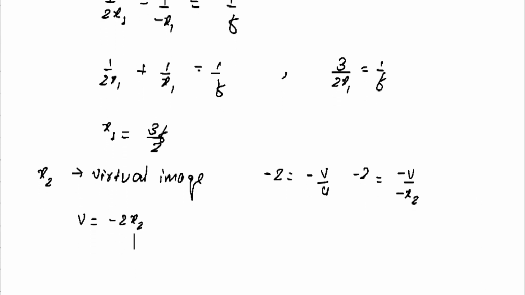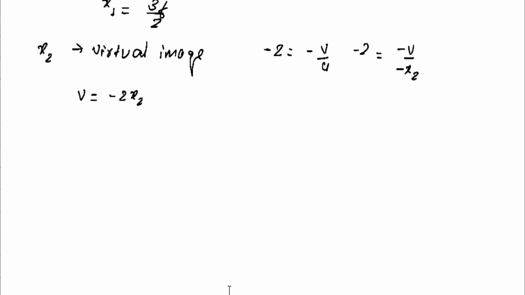Now we will again use the lens formula to find out the value of x2, that is 1 by v minus 1 by u equal to 1 by f. So 1 by minus 2x2 minus 1 by minus x2 equal to 1 by f.